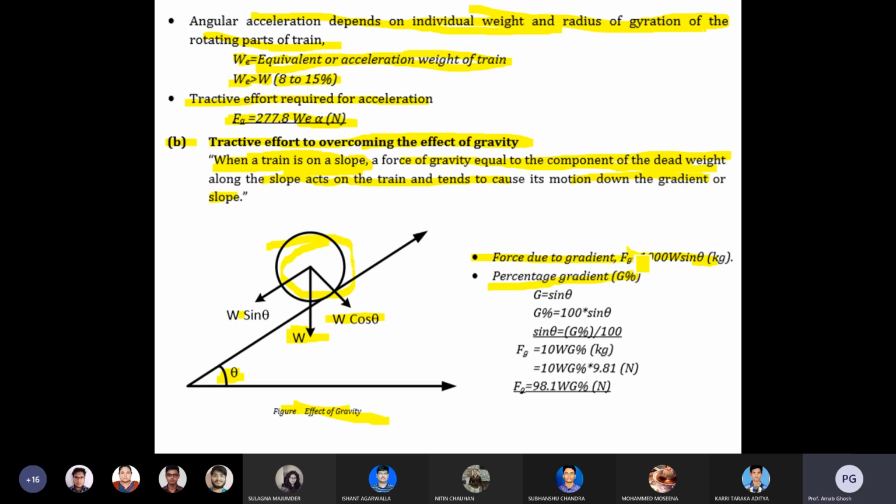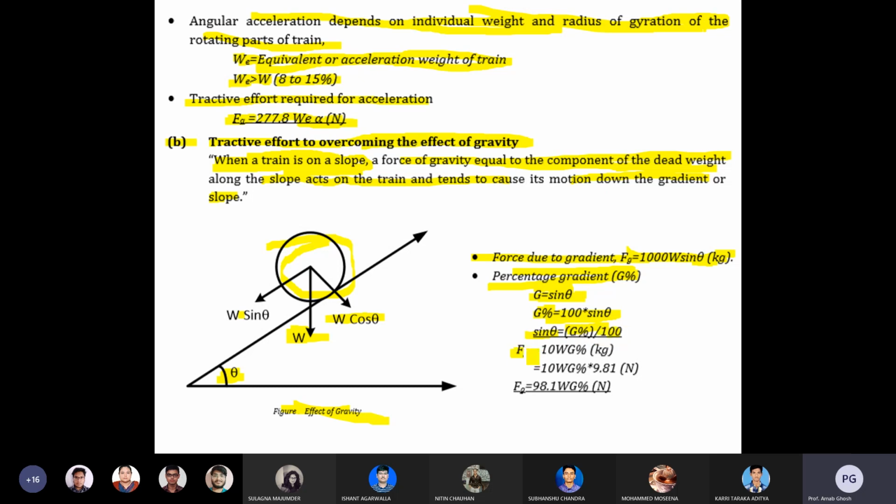Force due to gradient Fg equals 1000 W sine theta kg. Percentage of gradient, G percent, is 100 into sine theta, so G equals sine theta, and you can replace that one: sine theta is G percent divided by 100.